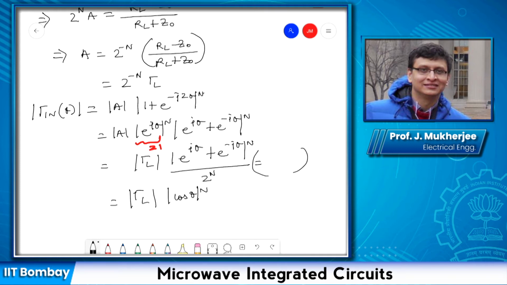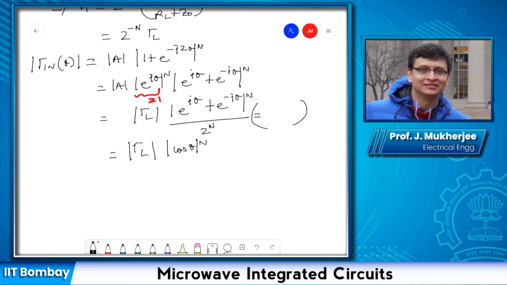Now suppose we define at a particular value of theta, say my modulus of gamma in theta equal to gamma m, and I say that my acceptable value of gamma in should be lesser or equal to gamma m. That is how we can set the bandwidth.